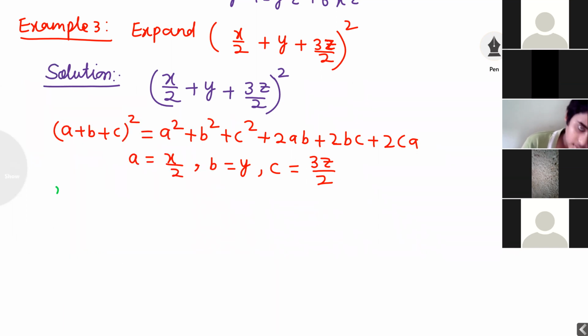X by 2 plus y plus 3z by 2 whole square is equal to a square.